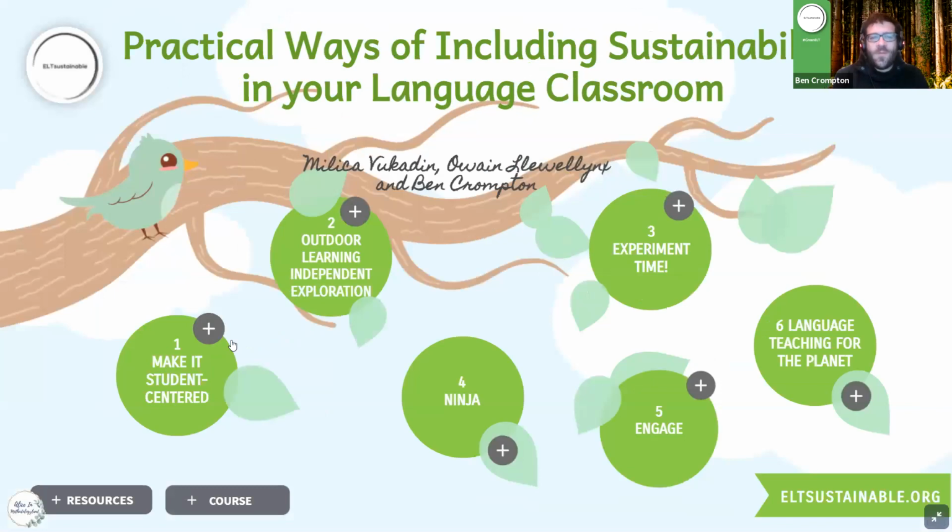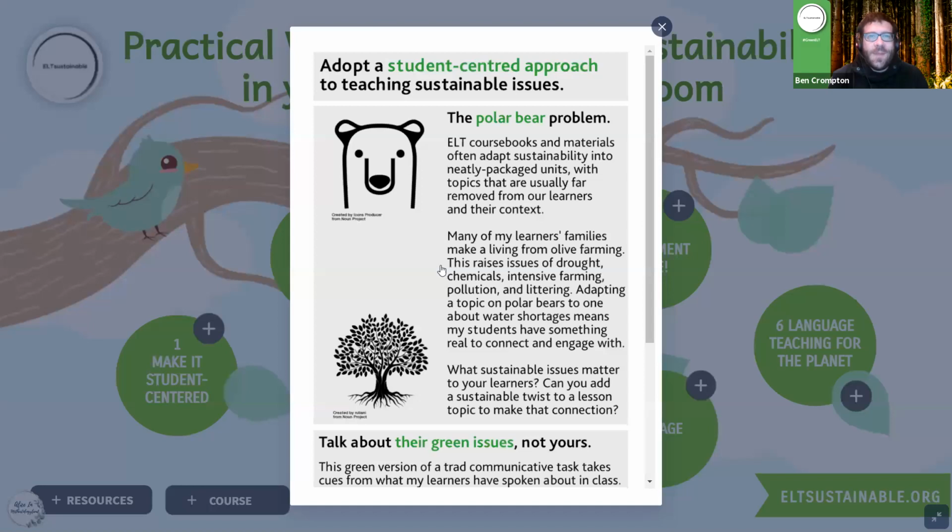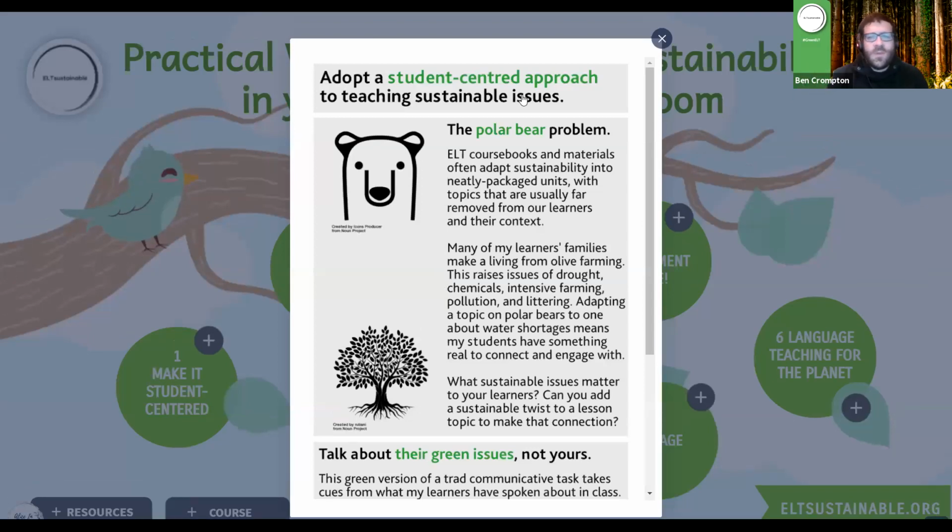Green topics are often tied up in neat throwaway units. So you'll get things like the Great Pacific Garbage Patch, the island of plastic in the Pacific Ocean, and that'll come neatly packaged with conditional structures. Or maybe you'll get litter and pollution with modal verbs, or endangered animals and the polar bear, perhaps with comparatives and superlatives.